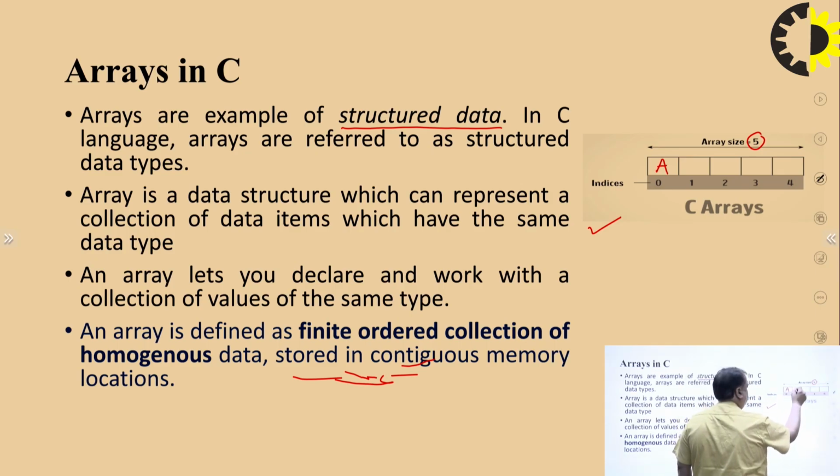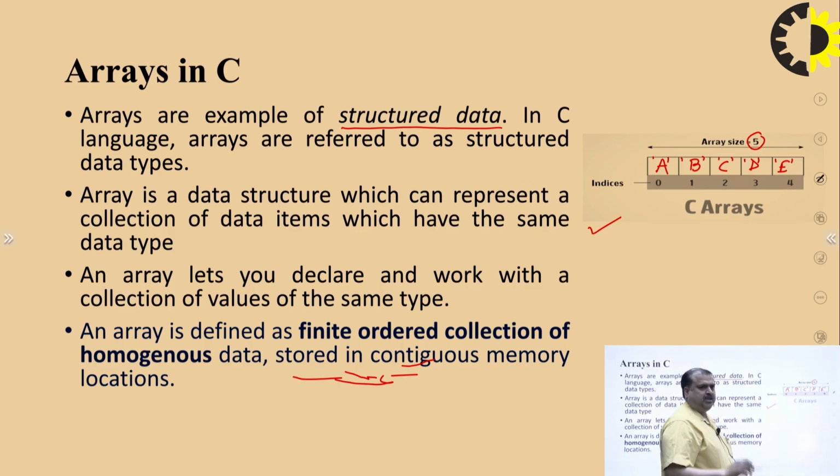I can store A at index 0, B, C, D and E. So these are characters. These all are characters. A character requires one byte of memory, so they will be stored in consecutive memory locations.